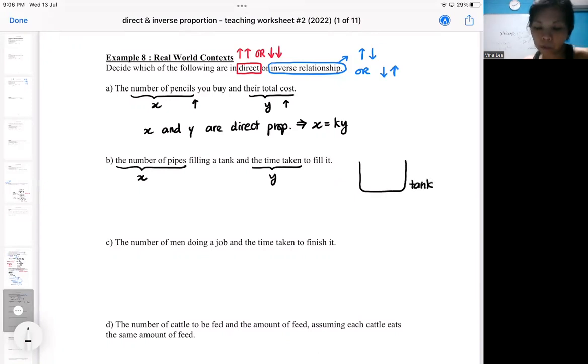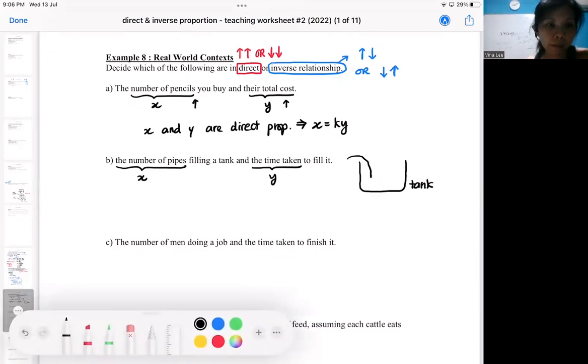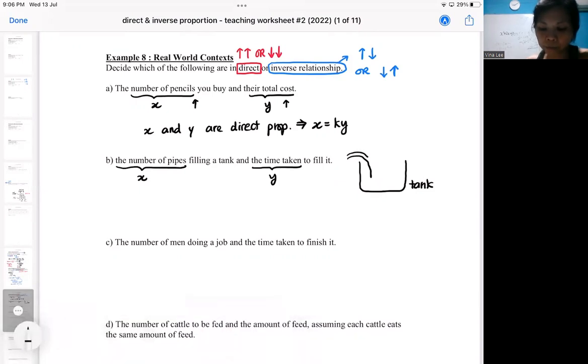Imagine if you only got one pipe, maybe it will take a long time to fill up. But if you got more pipes, you can imagine filling up the tank faster.